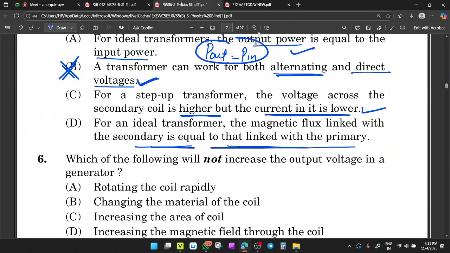A transformer can work only with the alternating supply. Why? Because XL is equal to omega L. What is XL? XL is the reactance of the coil.